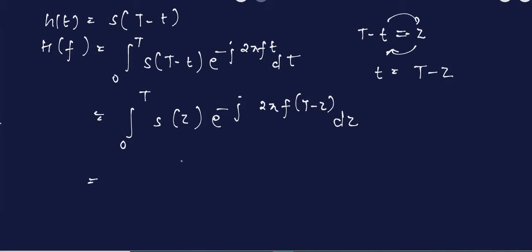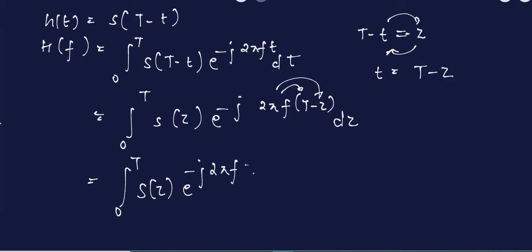And further, if I open this term, if I multiply it inside this bracket, it can be opened as s(tau) e to the power j 2 pi f tau, and e to the power minus j 2 pi f T is actually a constant, hence I can take it out of the brackets.